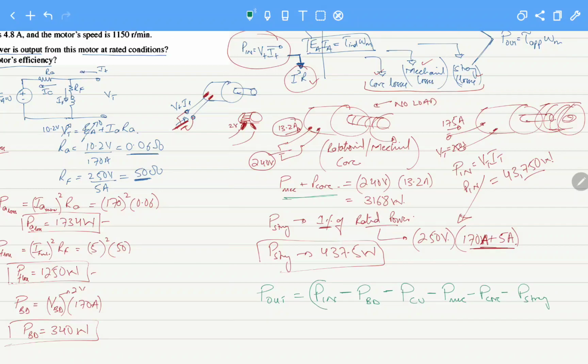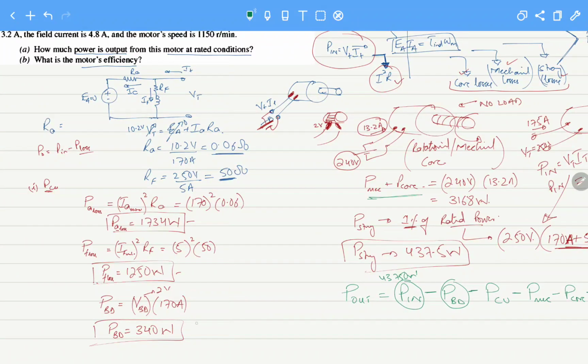Now let's look at this. What is P in? P in we have calculated, this is 43,750 watts. Now what was the brush drop loss? Here was the brush drop loss, this was 340 watts. What were the copper losses? Copper losses existed in the armature loss and the field loss. So this is minus 1734 watts, and we had 1250.